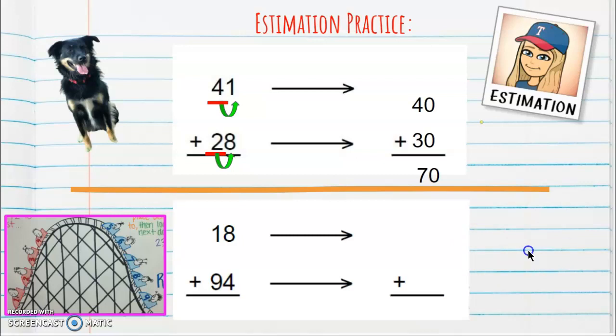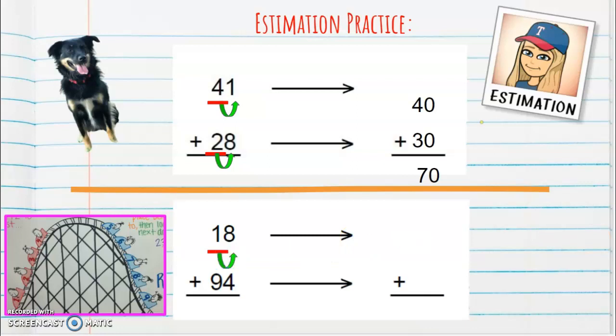Now, we're estimating again, and we need to remember our two steps. First, we round both numbers. Second, we add or subtract. So we're going to start with the number 18. Okay, so find your place.